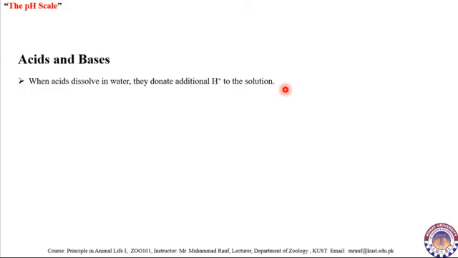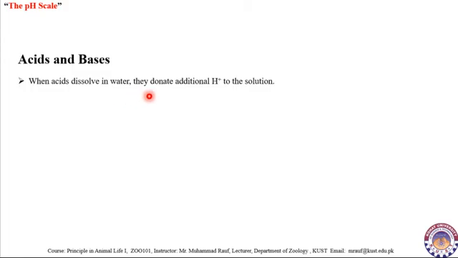So in pure water there is an equal number of hydrogen and hydroxyl ions, and we refer to this situation as having a neutral pH of 7. So when acid is added to a solution which has a neutral pH, or to pure water, what will happen?